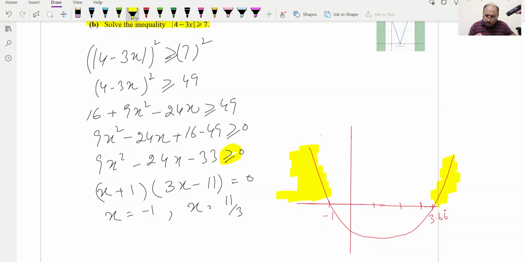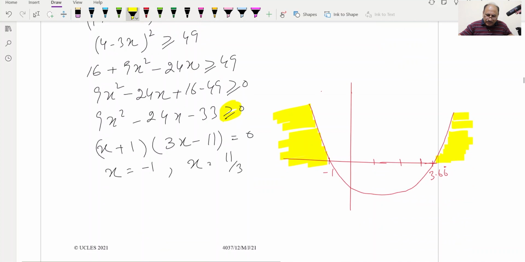If I shade accurately, this portion will be the one which is less than or equal to minus 1. I accidentally erased the x-axis, but if we continue, this will be the line, and this side we can also shade properly, and this shading will be only the section which is greater than or equal to 3.6 recurring.